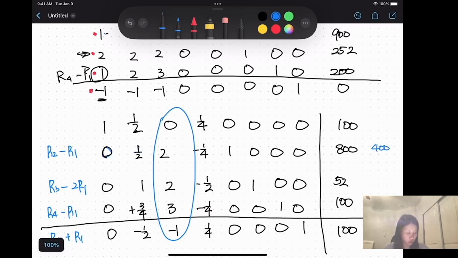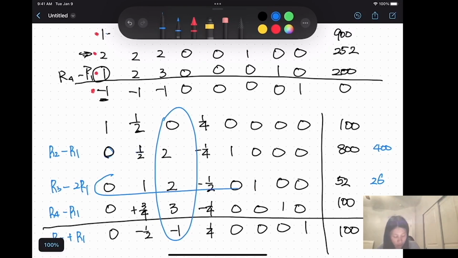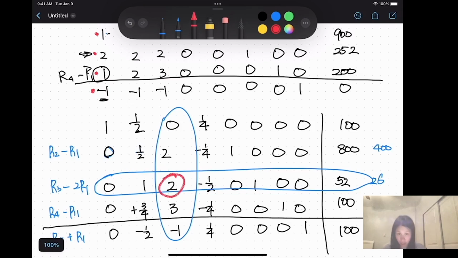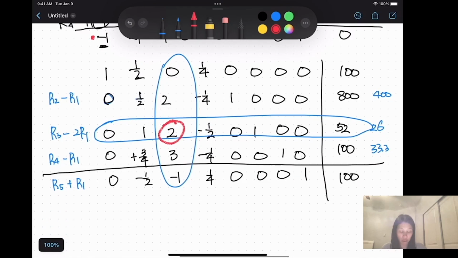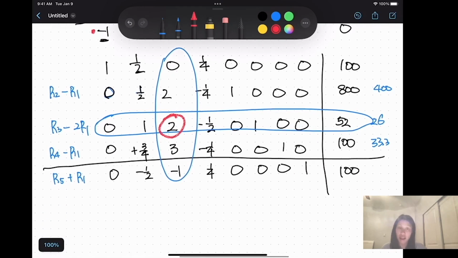So this gives you 400. 52 divided by 2 gives you 26, and 100 divided by 3 is 33.33. So that means this is going to be our pivot element, and we want to turn this into 1. So I want to divide everything by 2.